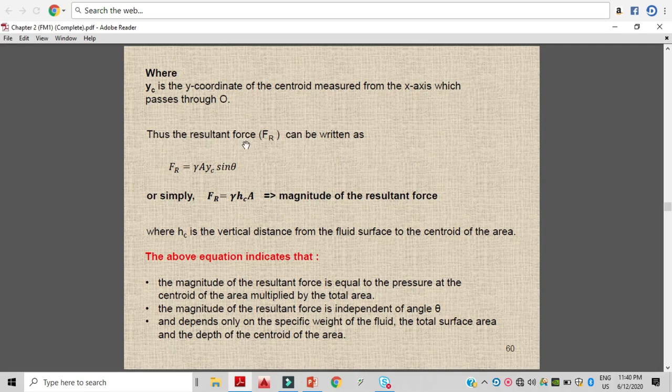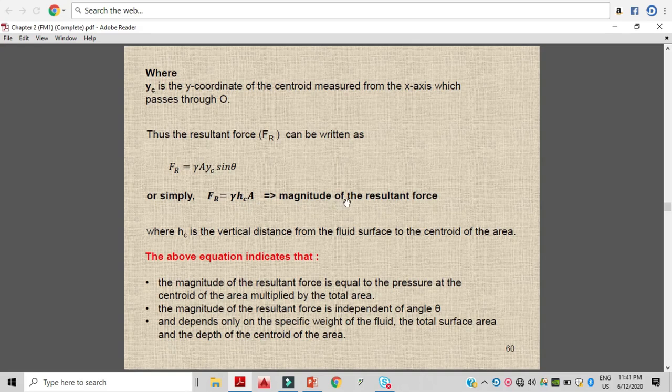Thus the resultant force Fr can be written as gamma, sine theta remained there, so we replace that with A yc. So the net resultant force will be equal to gamma A yc sine theta, or simply we can replace yc sine theta with hc. So Fr is equal to gamma hc into A.